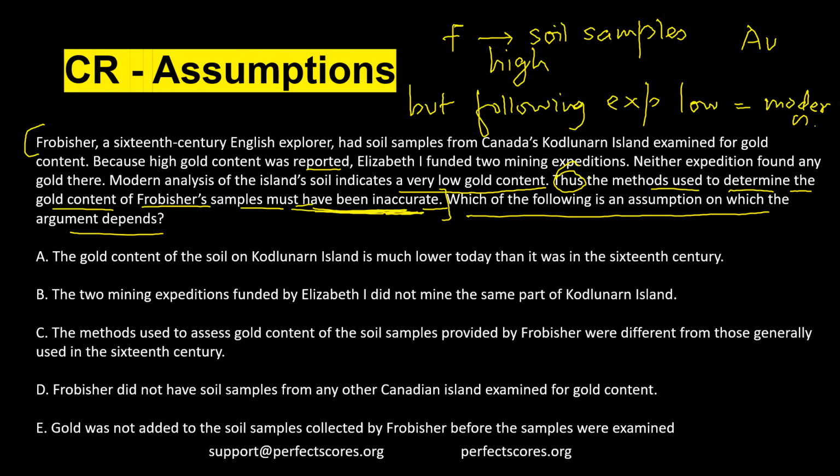So that's the conclusion. And you know there are 2 main assumptions in this kind of argument. One is that the sample represents the entire population. Second is that those 2 different samples will be alike. So go ahead, look at the options, and I'll give you 3 minutes to look at all options. And your time starts now.